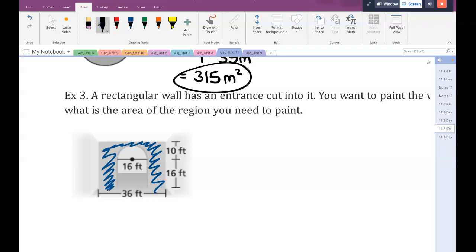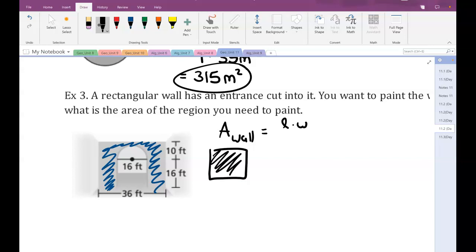So the area of just our big wall altogether, this whole piece, is your length times your width. The length of our wall is 26 because we had this 16 segment and 10. And our width is 36. So we would say this is 26 times 36.